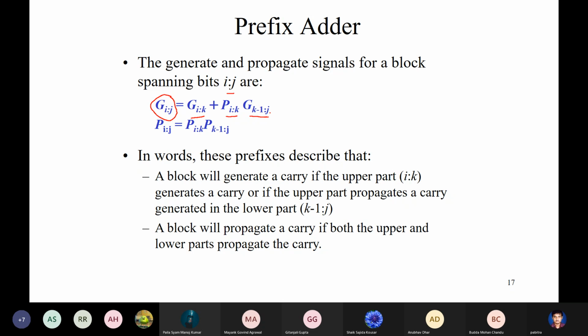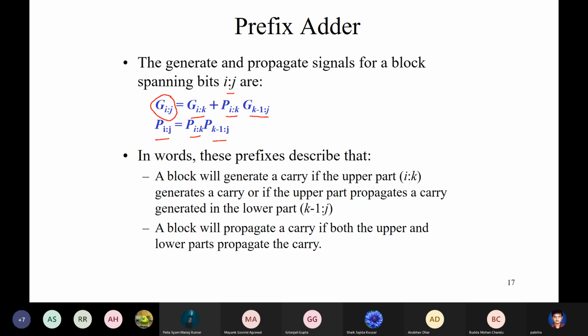Similarly, the propagate from I to J is the propagate from I to K times the propagate from K minus 1 to J. So you block these columns of the adder and generate in a block way.